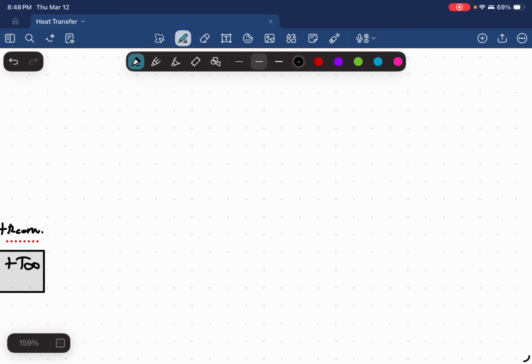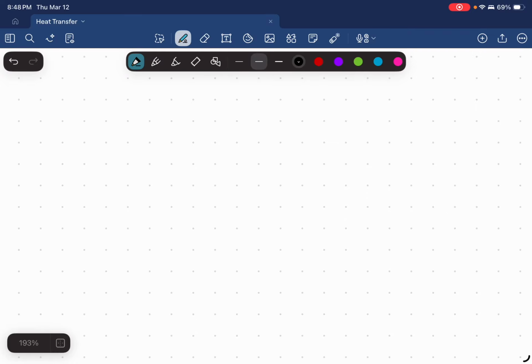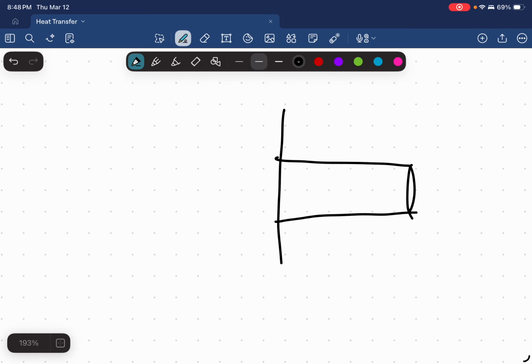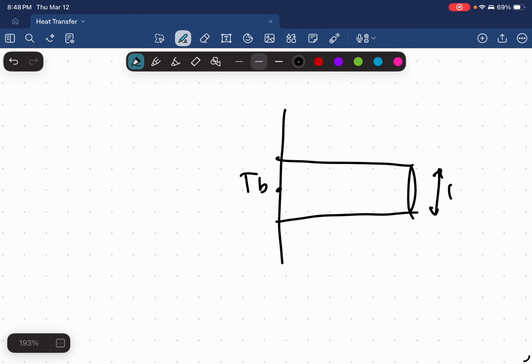So this next example is going to be a single fin mounted on a wall, and it has a certain temperature at the base. It has a certain diameter and also a length.